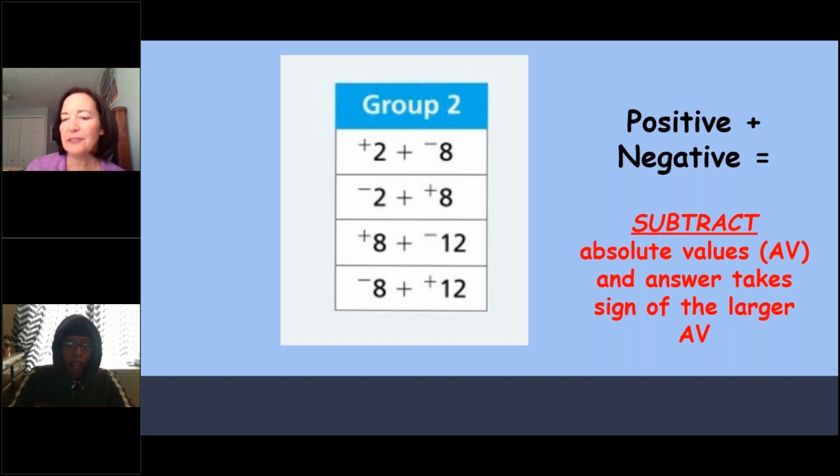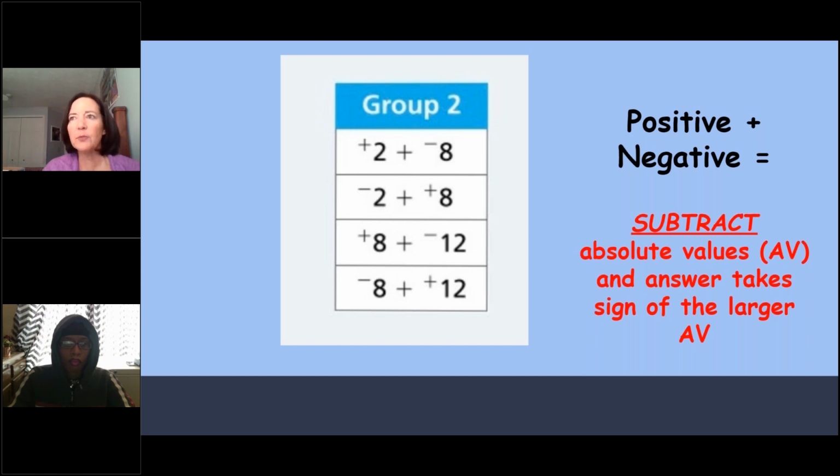But the higher number, 2 is the bigger number. So it would be a positive number. I love that you just told me that 2 is the larger number, because that is absolutely correct. But for our algorithm, it's not which is the larger number, it's which has the larger absolute value.